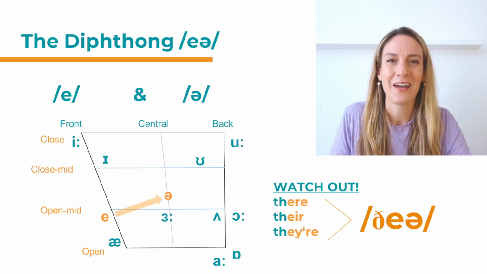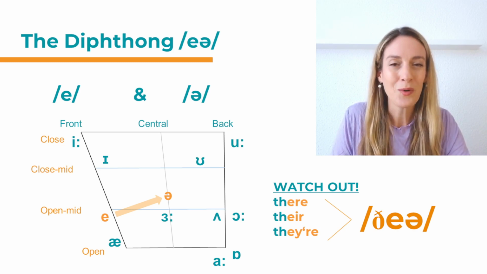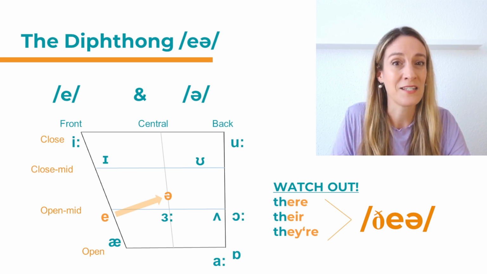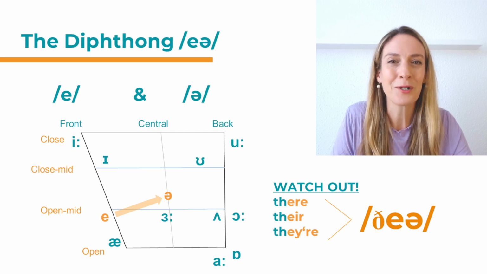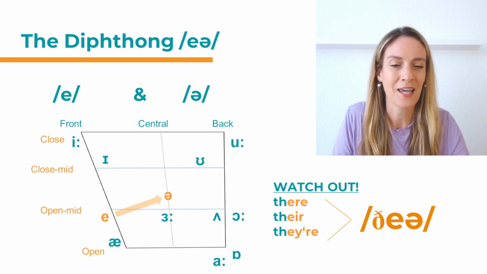Now, there are three words that I want you to pay special attention to, because all of them are pronounced with air in exactly the same way, but all of them have a different spelling and a different meaning. But they're very common words in English, and I'm sure you've known them. And maybe you have wondered, are they pronounced differently? Are they pronounced the same?